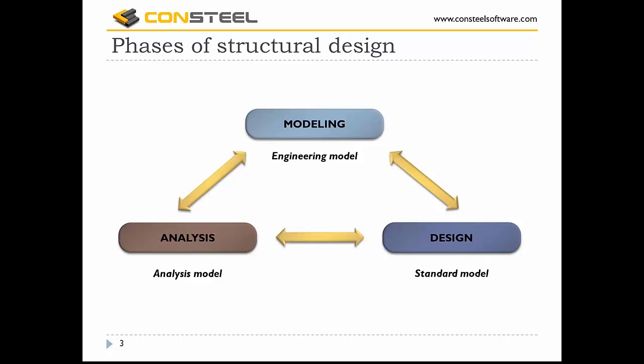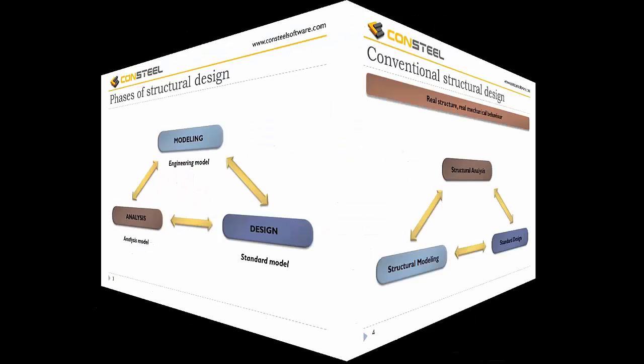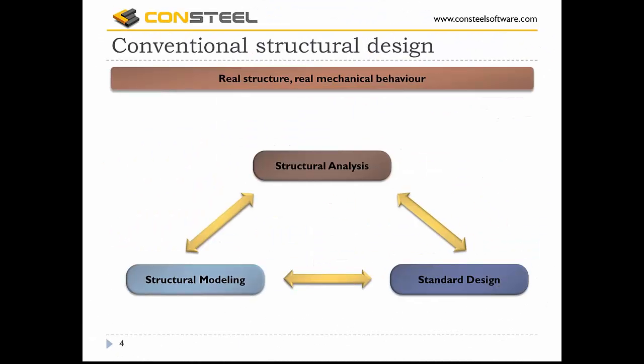these are the three main phases of the whole structural design process, and I would like to present how it is built in ConSteel. First, I would like to show the usual way, the conventional way of structural design. What I would like to focus on is how these three activities, these three phases, are connected with the real mechanical behavior of the real structure, because that is the main point.